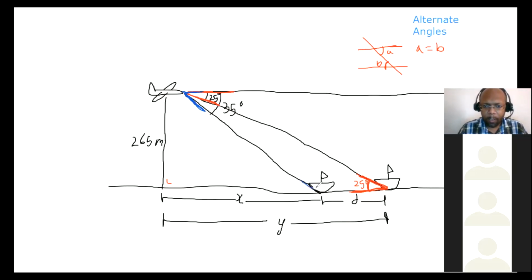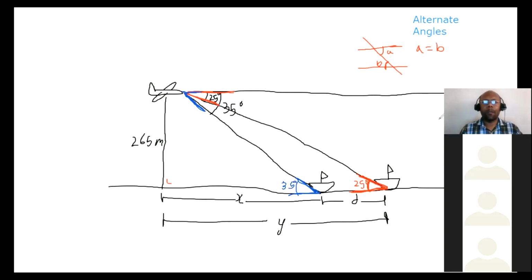And it corresponds with this angle down here. So what will this angle be? 35, sir. 35, that's correct. So there we go, 35.